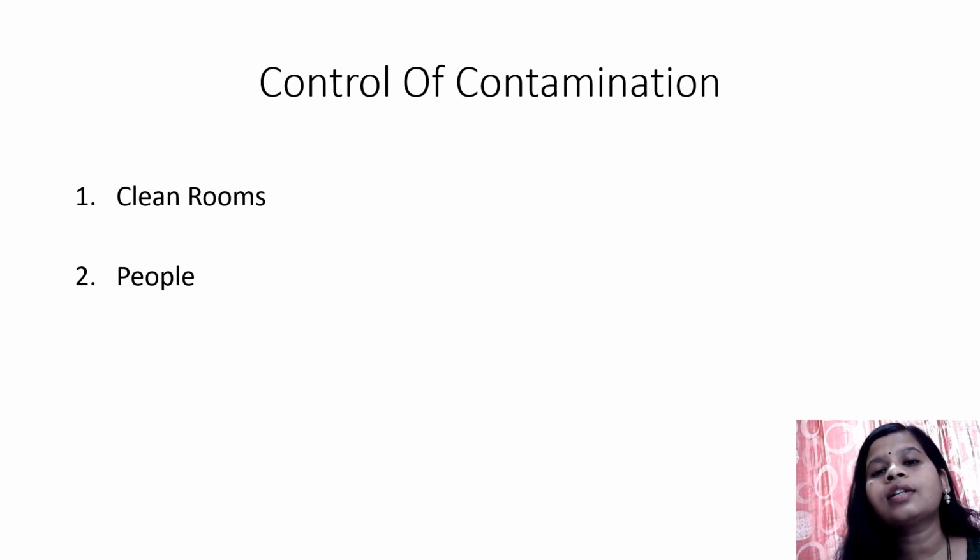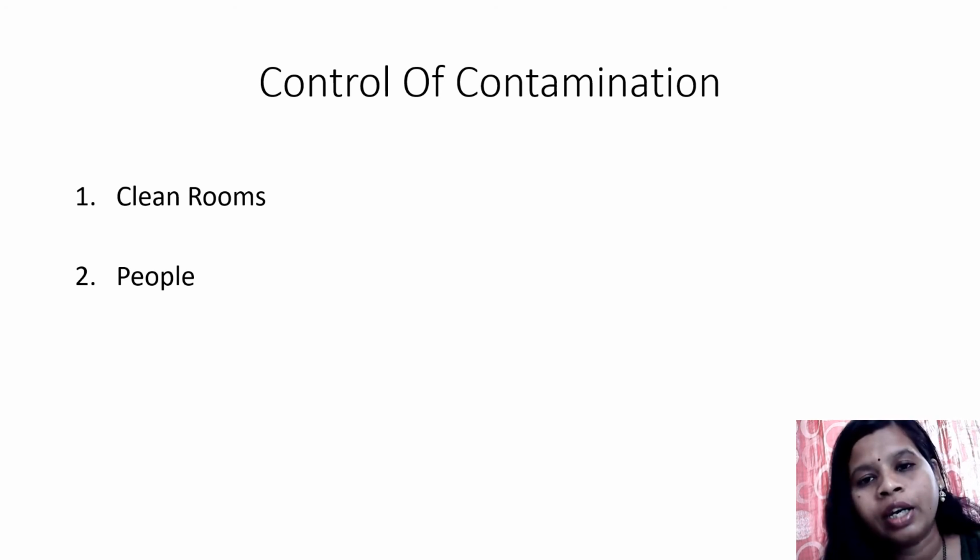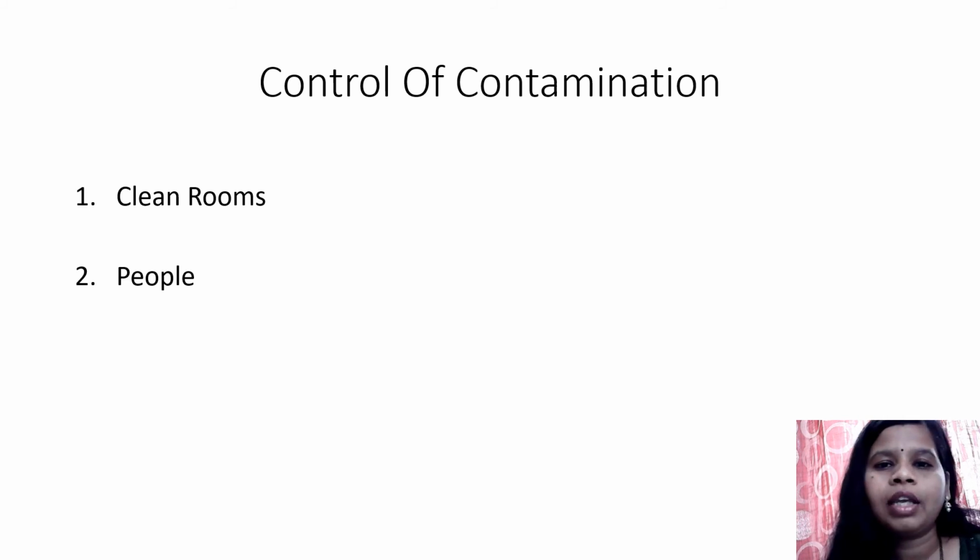Then they are supposed to maintain this personal hygiene throughout when they are working. If there are any cuts or lesions, these should be reported, and such people are not supposed to enter. Then there should not be any eating or drinking, and along with this, minimal talk in the aseptic area should be maintained.